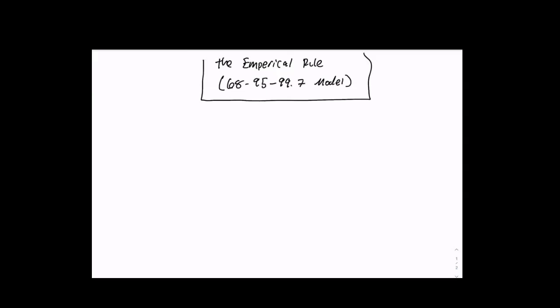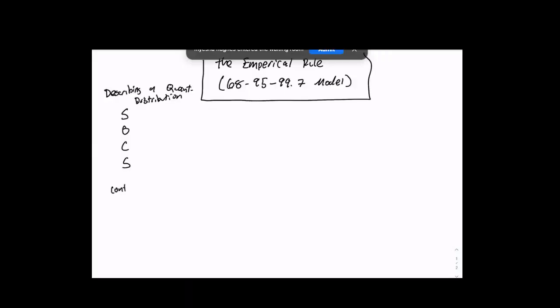When we talk about describing a quantitative distribution, we talk about SOCS, and then of course we also have to include context. So we have shape, outliers, center, spread.